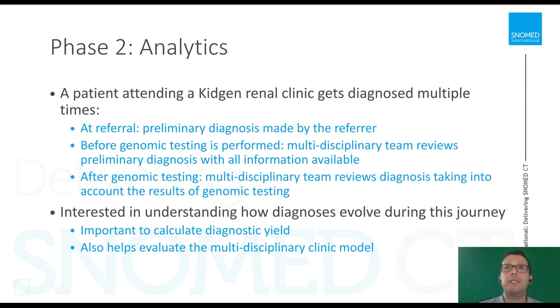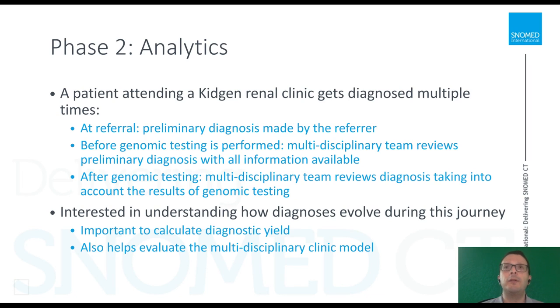The second phase is where we used this FHIR model to do analytics. So the main idea that the flagship leads had was to be able to visualize how the diagnosis of a patient going through a multidisciplinary clinic evolved through time. So when a patient was part of this project, they were first referred to a multidisciplinary clinic.